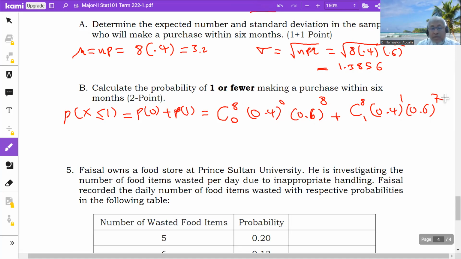So 8C0 times 0.4 to the power 0 times 0.6 to the power 8 plus 8C1 times 0.4 to the power 1 times 0.6 to the power 7, and find that the answer is 0.106375.